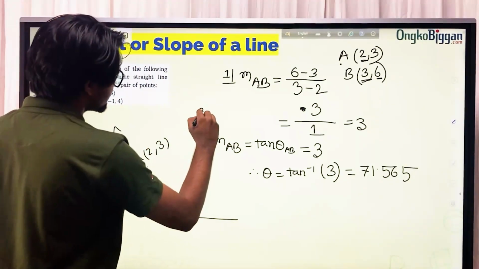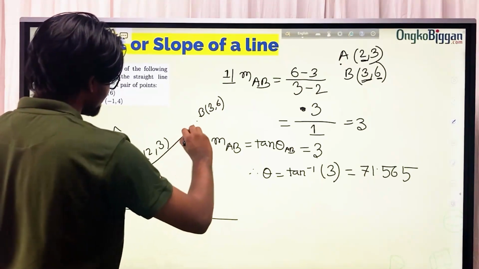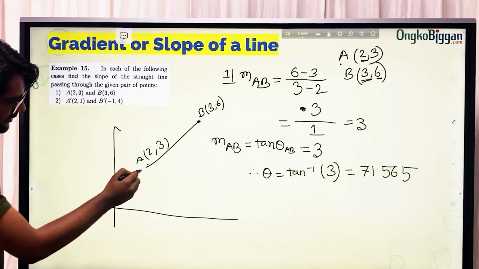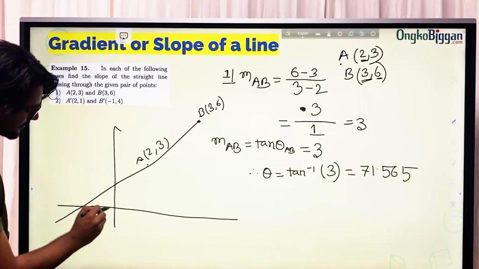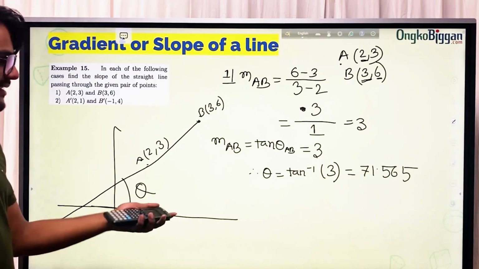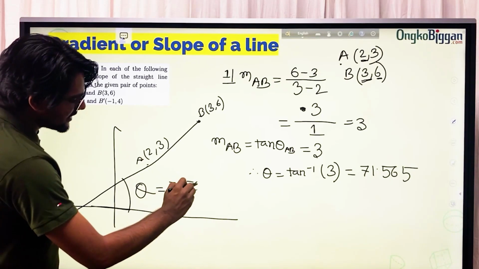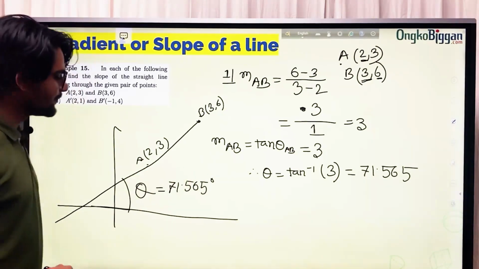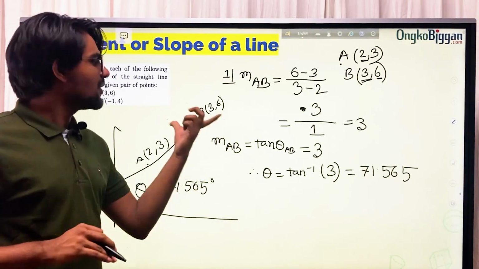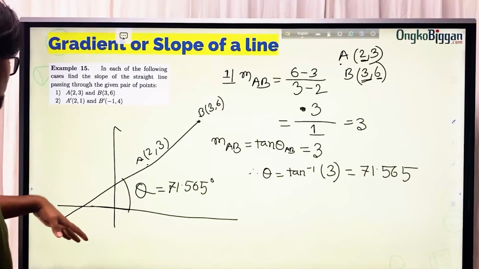If I join these two points and extend the line in this way, the angle theta we will get with the positive direction of the x-axis is 71.565 degrees. So all this information can be found directly from the slope, that is, how much it is inclined.